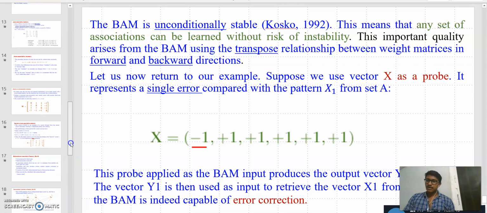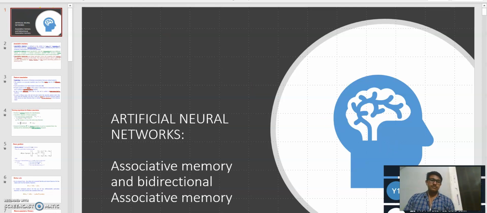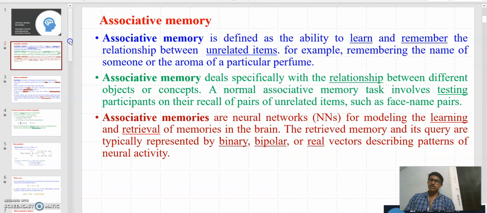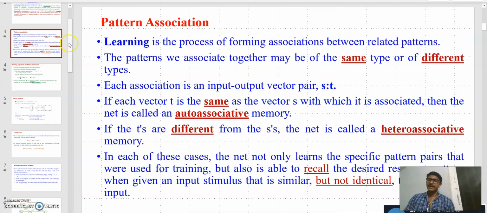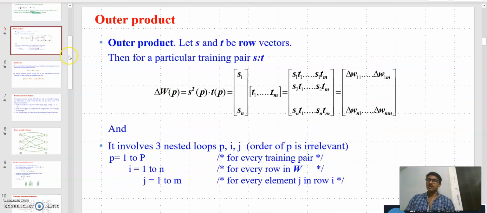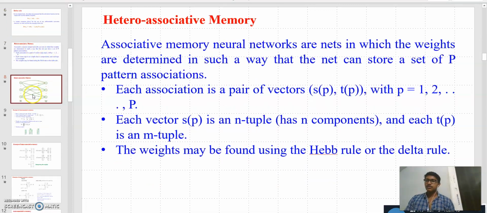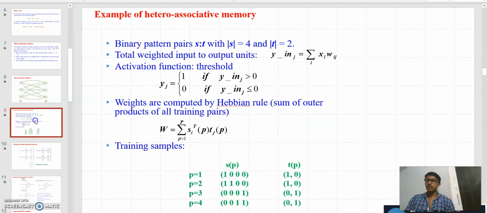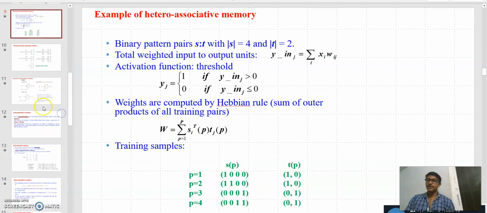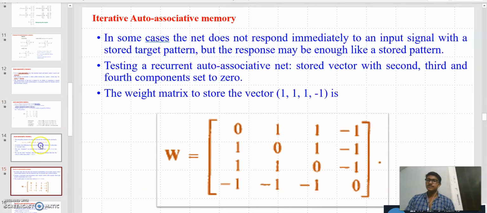So I have just explained the basic things going on under associative memory and bidirectional associative memory. We covered what associative memory is, what pattern association is, a training algorithm for pattern association, the outer product and the delta rule, heteroassociative memory and an example of heteroassociative memory, and finally we came to bidirectional associative memory.